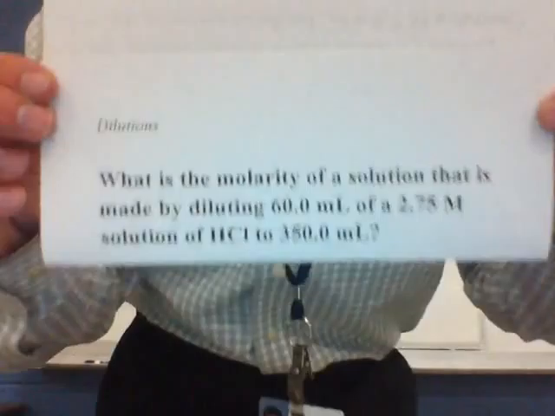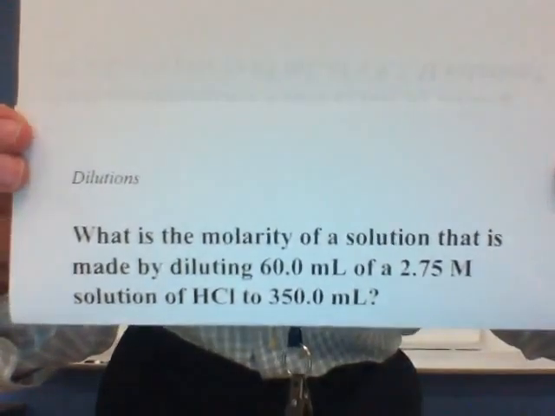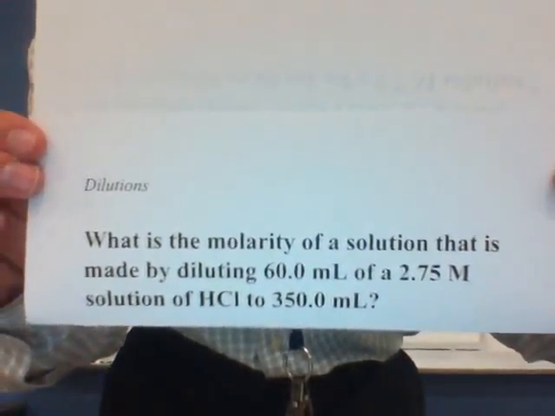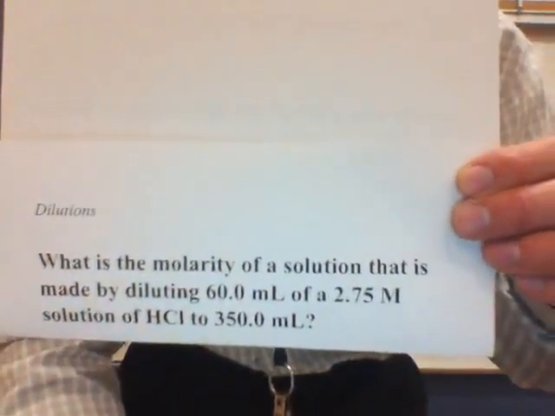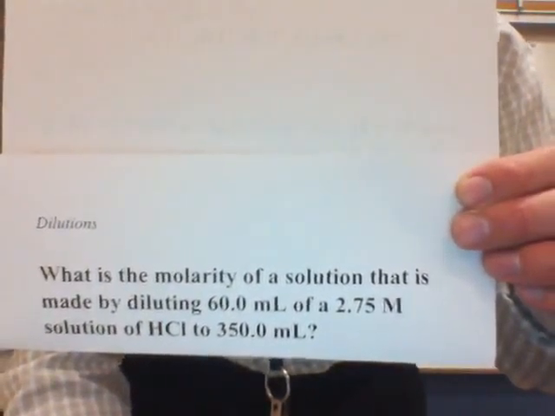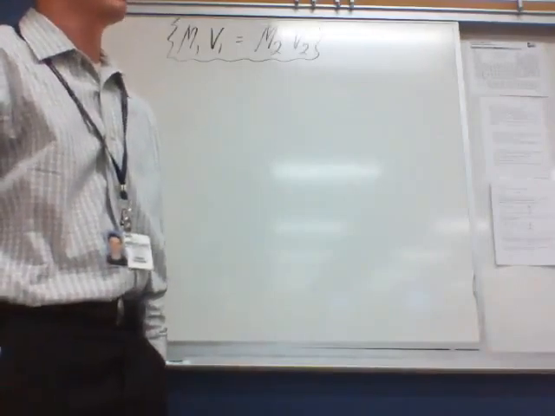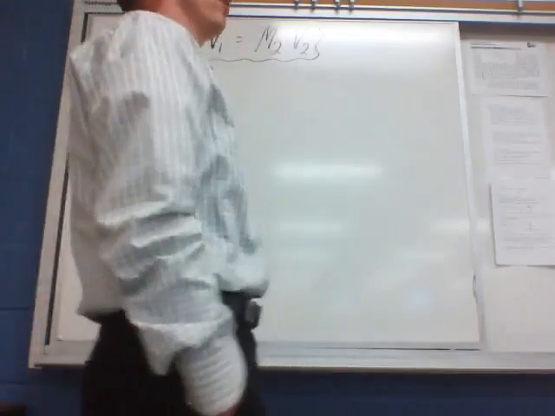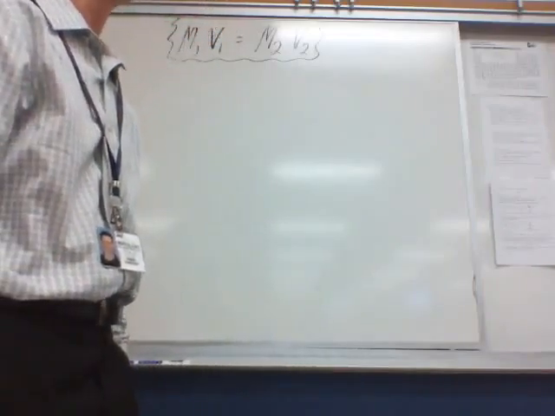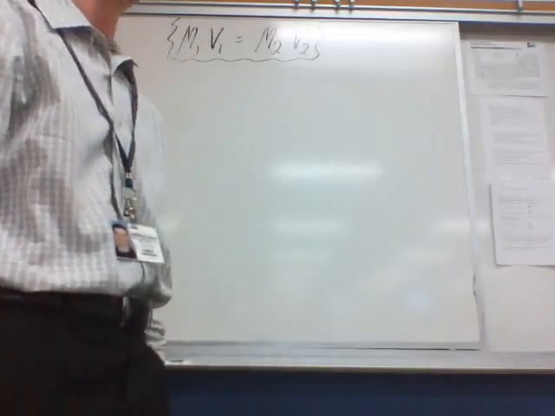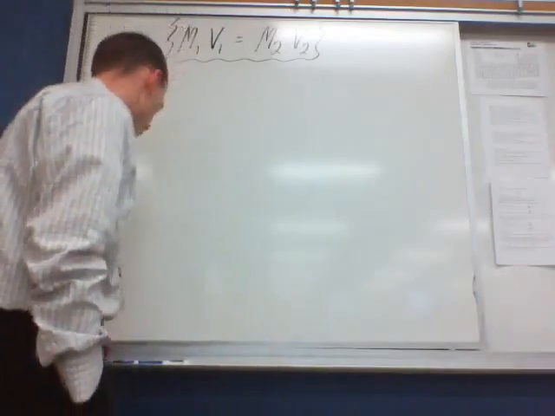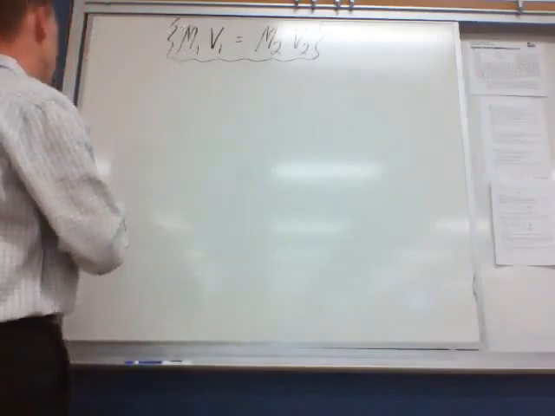This will be the first problem. Pause the video, write it down. It says, what is the molarity of a solution that is made by diluting 60 mL of a 2.75 molar solution of hydrochloric acid to 350 mL? Now, I could draw a picture of exactly what it just referred to.